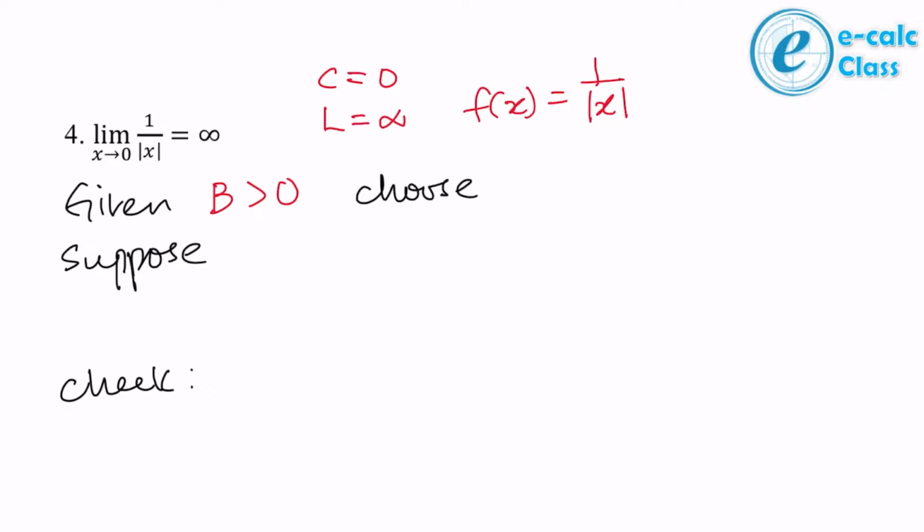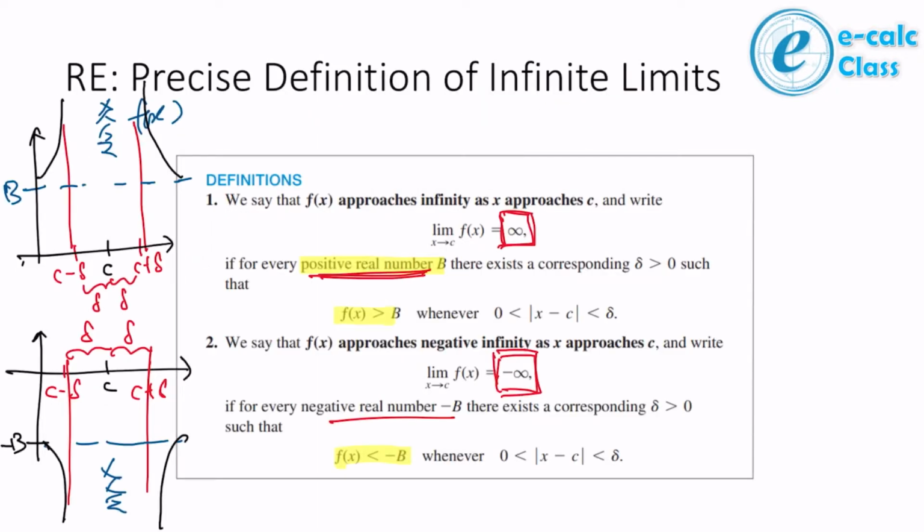Choose. Still, you are choosing your delta. You need to mix and match your delta and b, or just now it was epsilon. Okay? Then suppose what? Suppose anything related to your x, sorry.